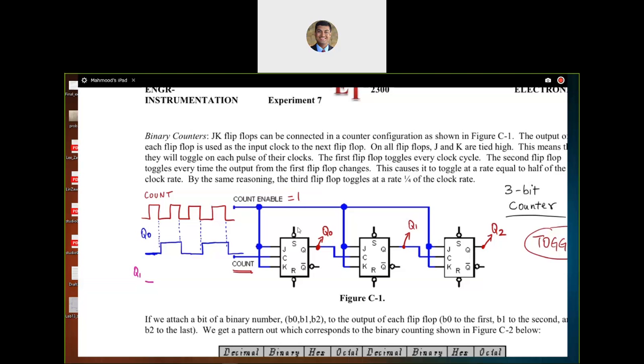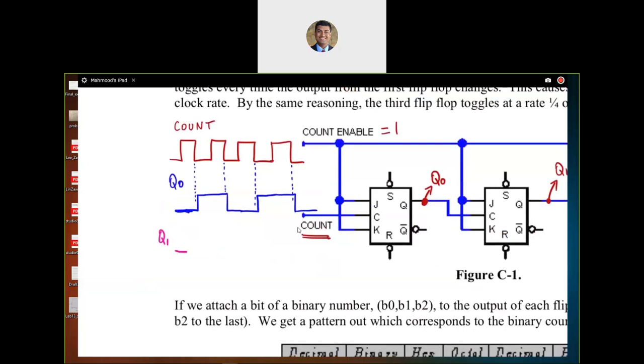And I'm going to toggle every time I see a negative edge on Q0. So I've got a negative edge of Q0 over here. If I start with 0, I'm going to flip soon after that, and I have another negative edge over there. So soon after that, I'm going to toggle again.